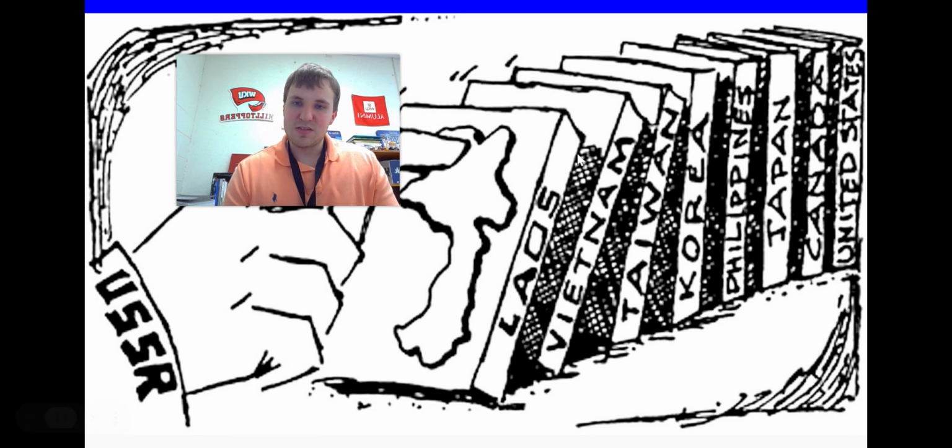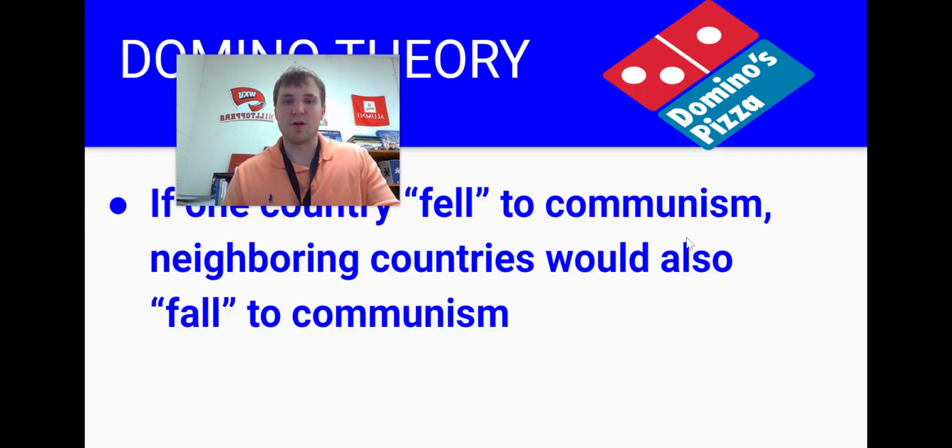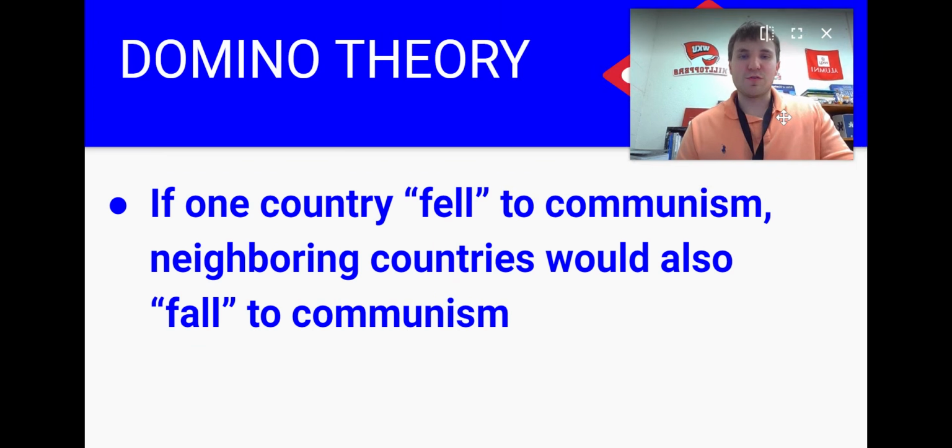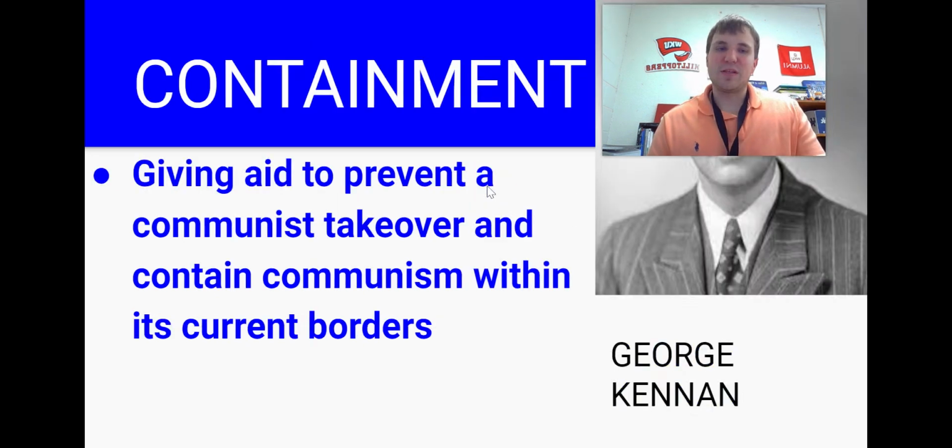The hand that's tipping these dominoes over, USSR, the Soviet Union, communism spreads and infects here, knocks this domino down all the way down until eventually it gets to the United States. So one country falls to communism, all other countries are going to fall to communism. Domino theory. Okay, so again, if one country falls to communism, neighboring countries are also going to fall. That's the gist.